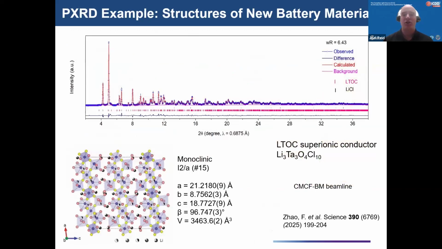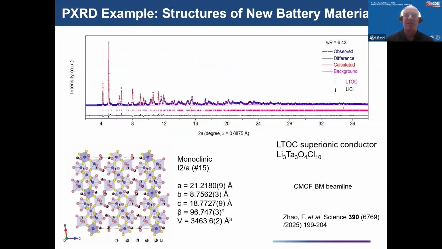Here's one last structure example. This is an example of a lithium superionic conductor suitable for use as an electrolyte in all solid-state batteries. This material has very high ionic conductivity, on the order of millisiemens per centimeter. Similar to the previous example, the structure was challenging and it required multiple techniques to get the full picture.